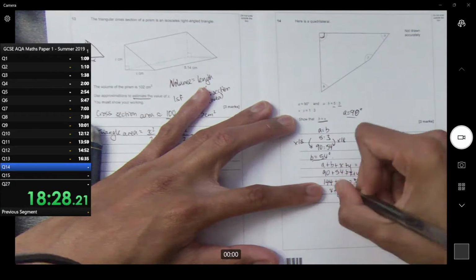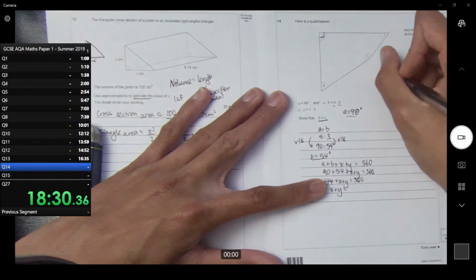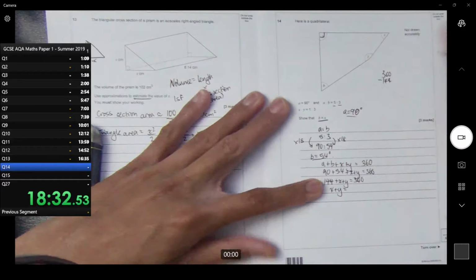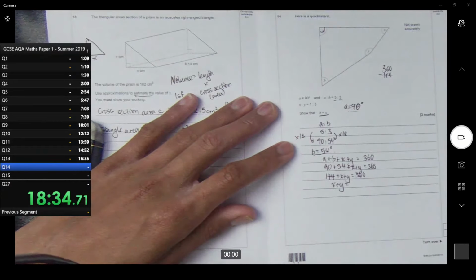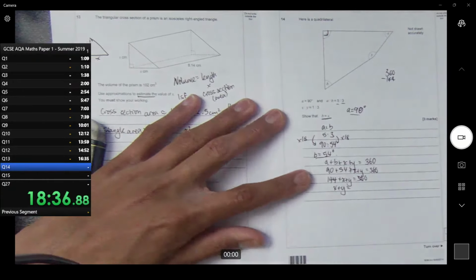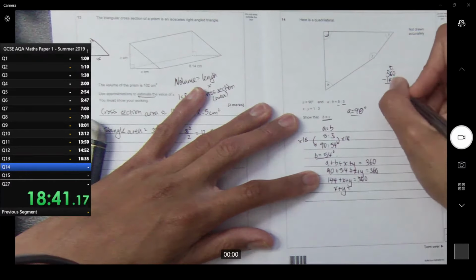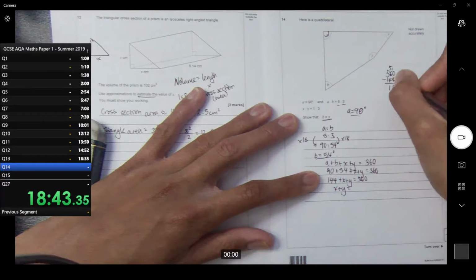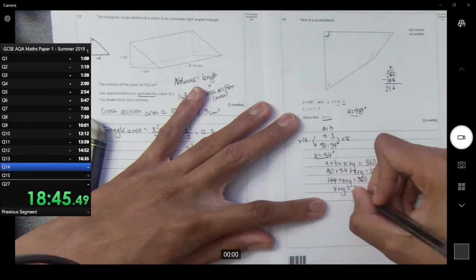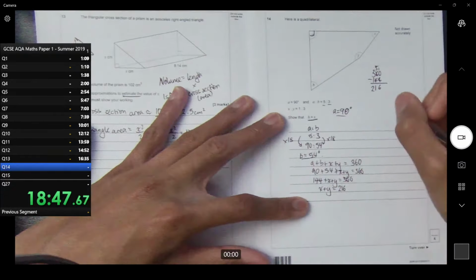X plus Y equals, so that means we're left with X plus Y is 216.